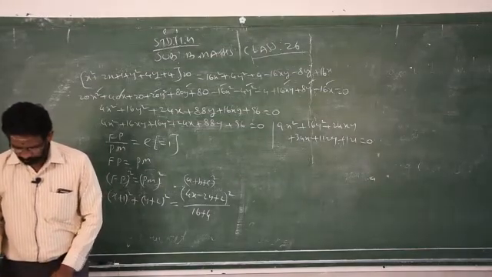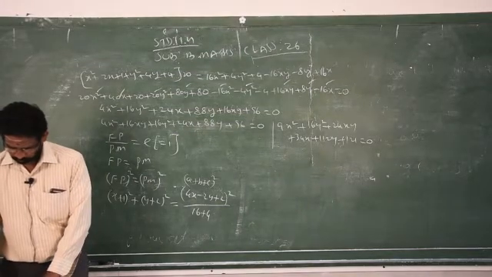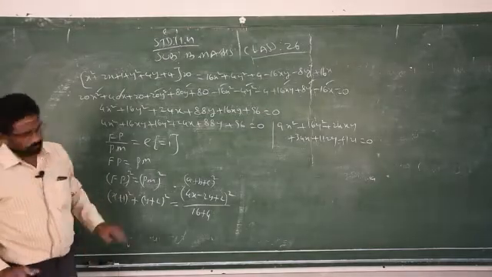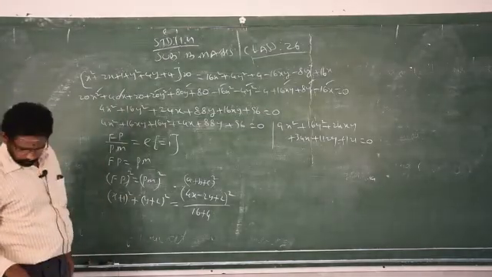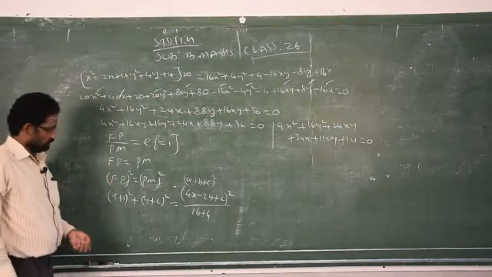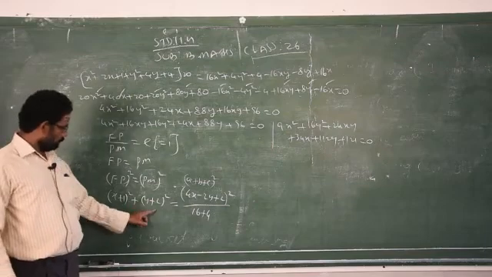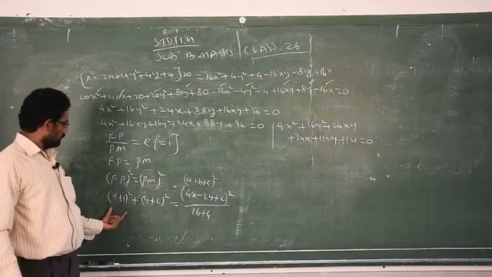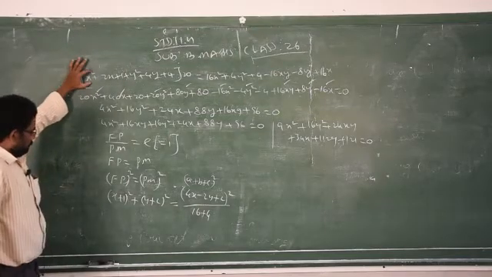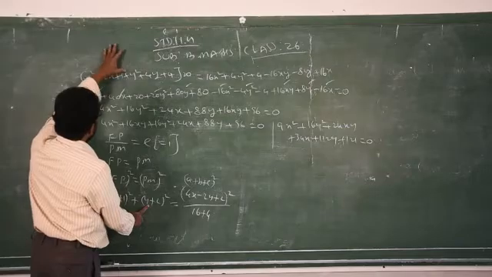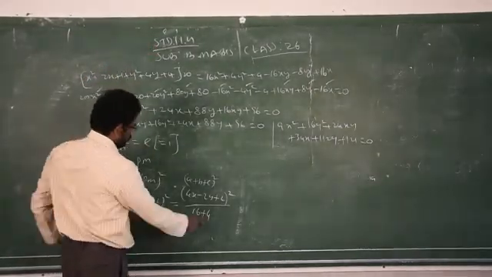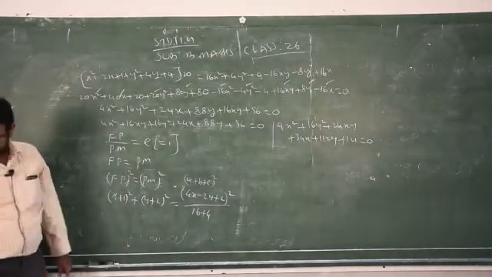Where is that exercise? x minus 2y plus 2, here x minus x plus 1, y plus 2 the whole square, expand: x square plus, 2ab, y, b square, this is 16 plus 4 is 20.